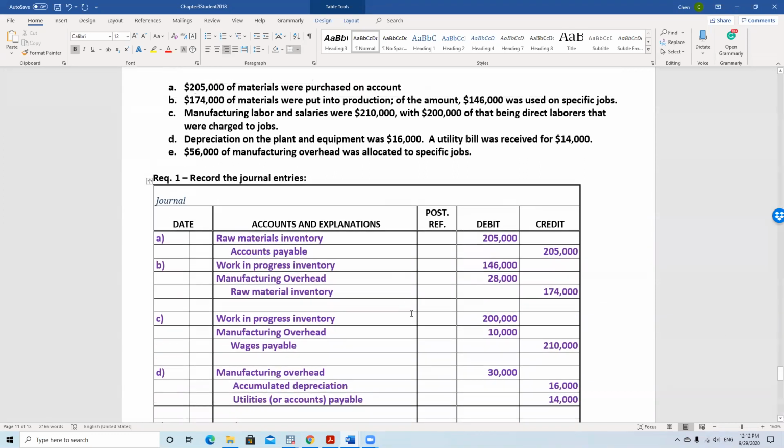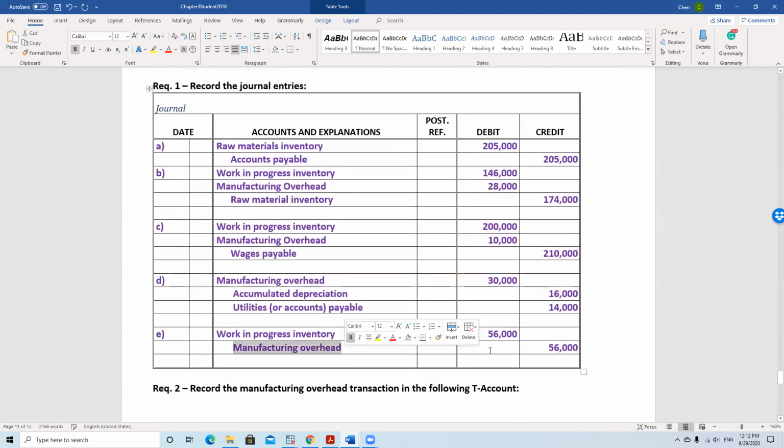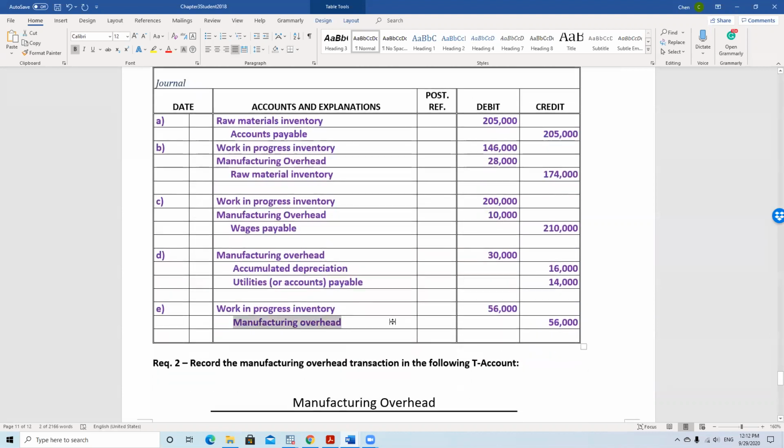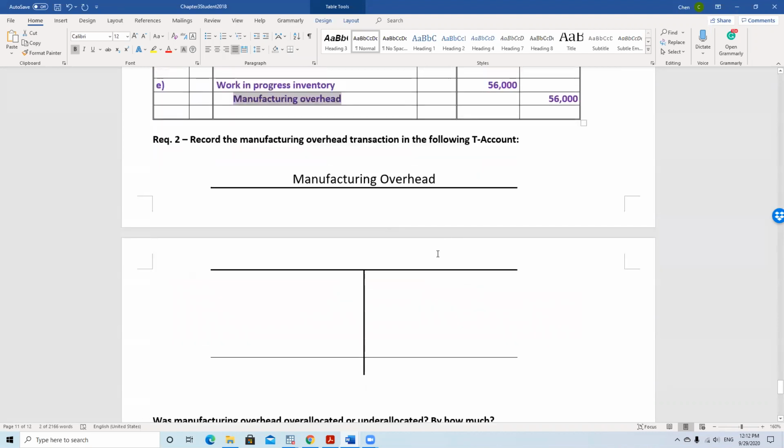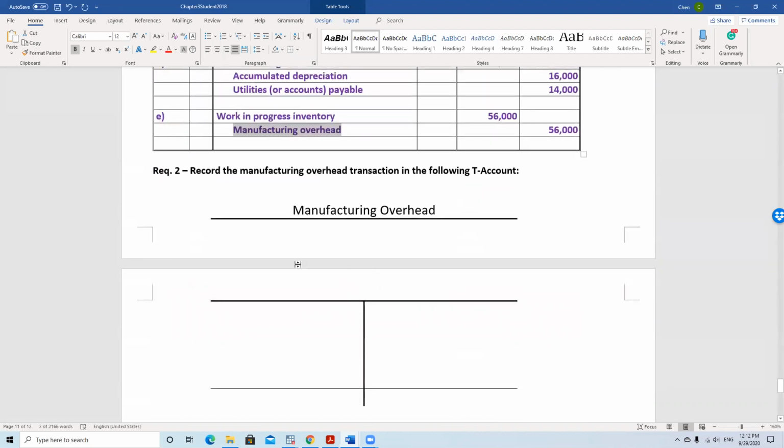When we allocate manufacturing overhead, we do a credit. Okay. Record the manufacturing overhead transactions on the following T account.